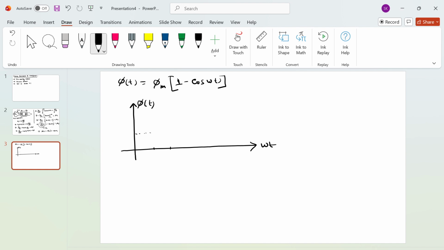So at pi, the flux value will be twice the maximum flux, 2 phi m. The waveform will be somewhat like this. So at pi it will be maximum, twice the maximum flux. From here comes the term flux doubling effect. See, the maximum flux is getting doubled.